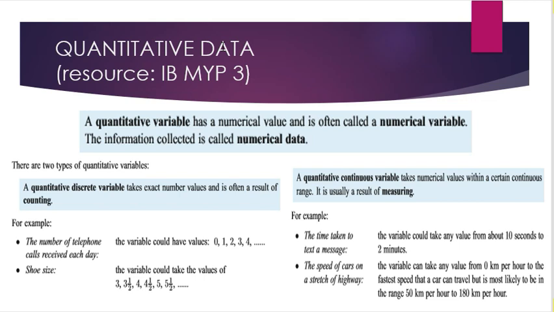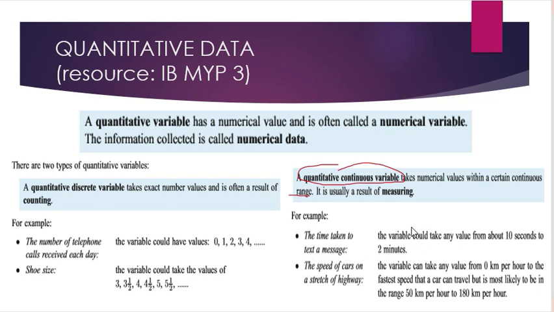The second type is the quantitative continuous variable, which takes numerical values within a certain continuous range. When we talk about a quantitative continuous variable, there is a range stated. For example, the time taken to text a message.